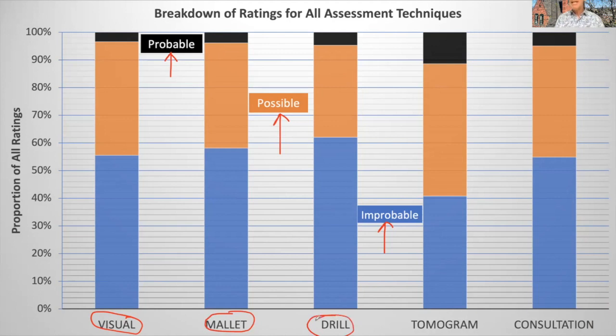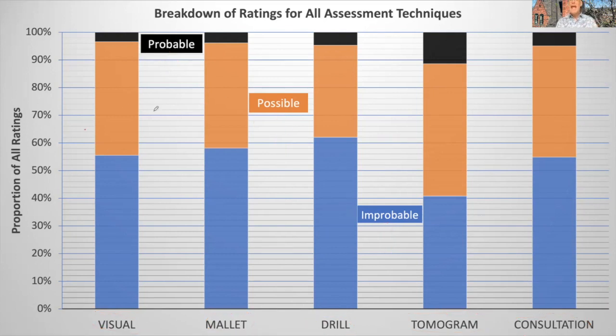The drill is the third assessment for odd number trees and the fourth assessment for even number trees. And then the tomogram is the fourth assessment for odd number trees or the third assessment for the even number trees. And then the fifth and last assessment technique is consultation.